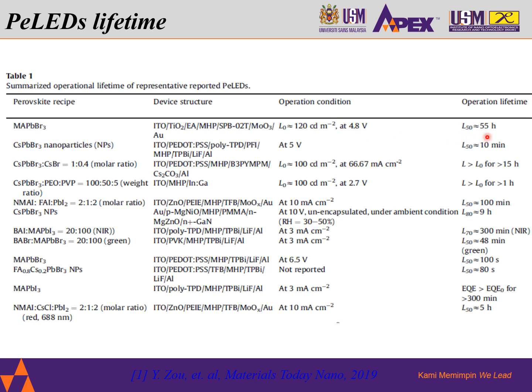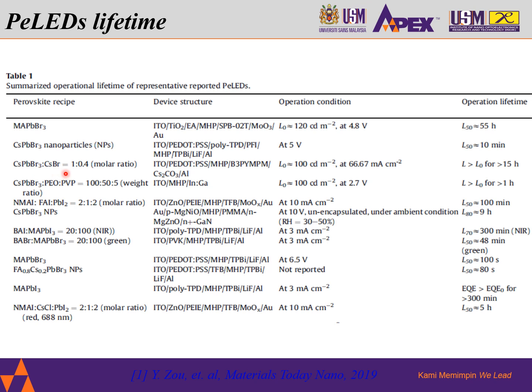The operation lifetime here is about 55 hours in atmosphere. And compared with the CsPbBr3 nanoparticles, with the device structure of ITO, PEDOT:PSS, poly-TPD, PFI, MHP, TPBi, LiF and Al, the operation condition at 5 volts, its lifetime is very low, around 10 minutes only.